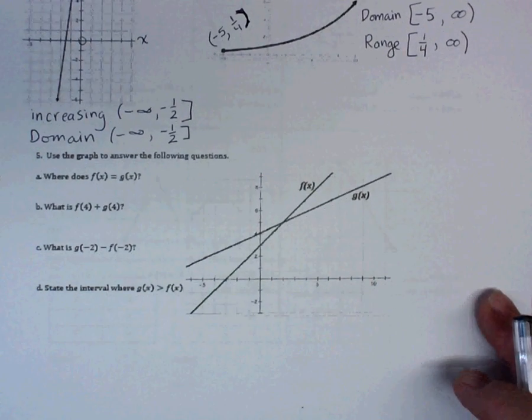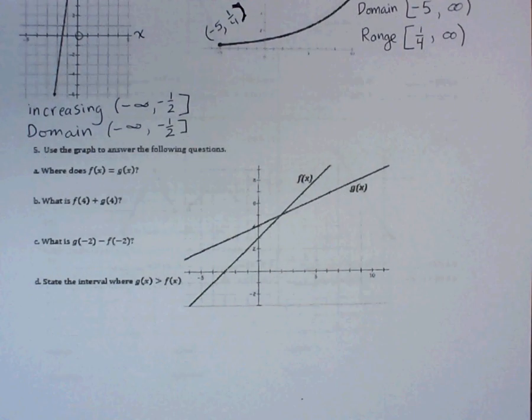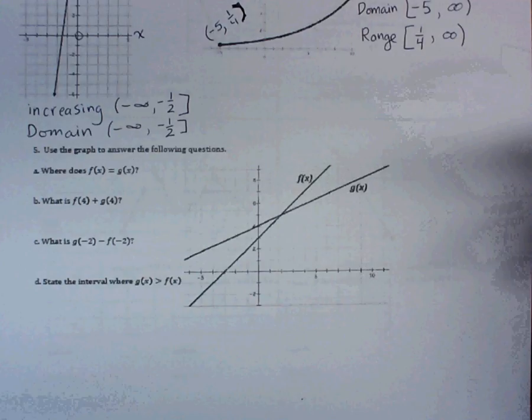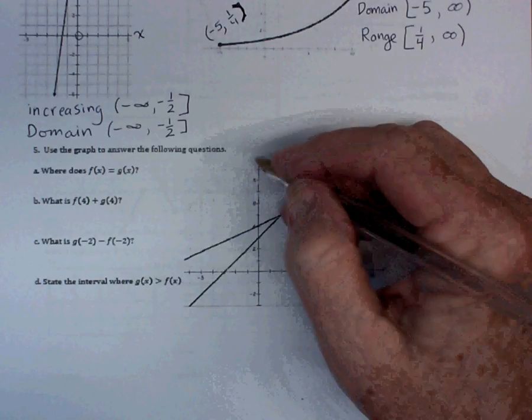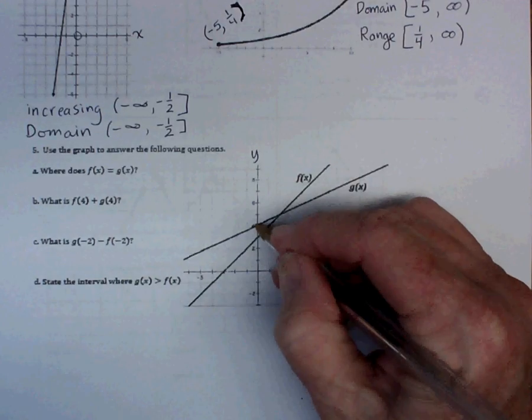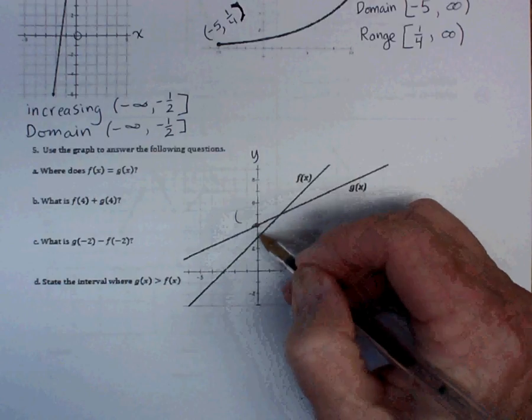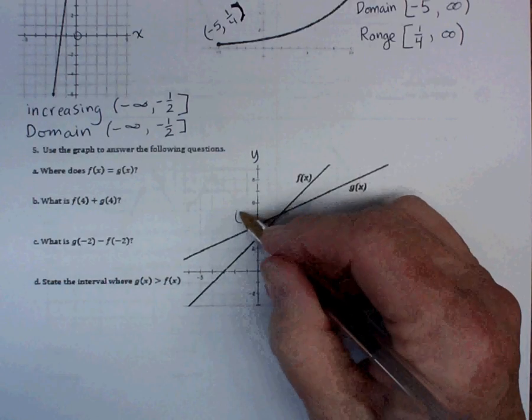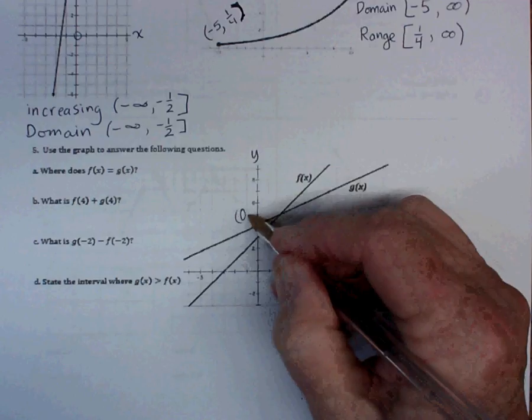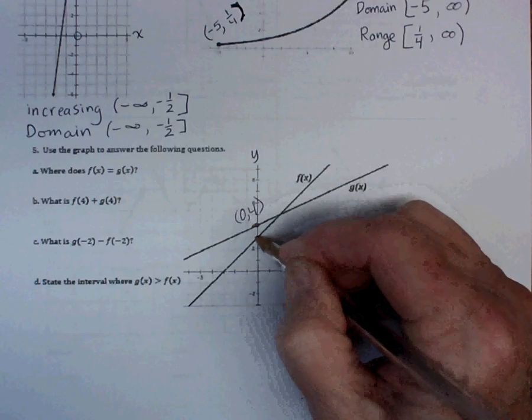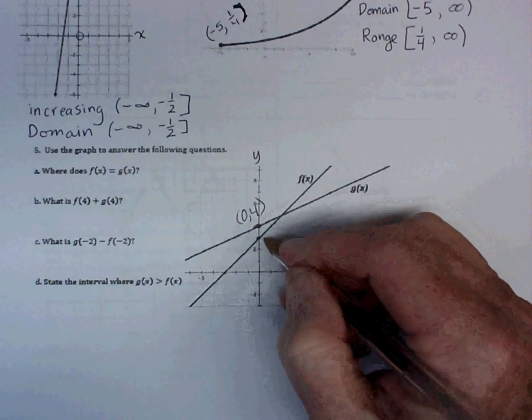Okay, let's take a look at this one. Let me point some things out. On the y-axis, here are our y-intercepts. I'm going to label them. Always for a y-intercept, x is 0, and this is 4, and this is 3.